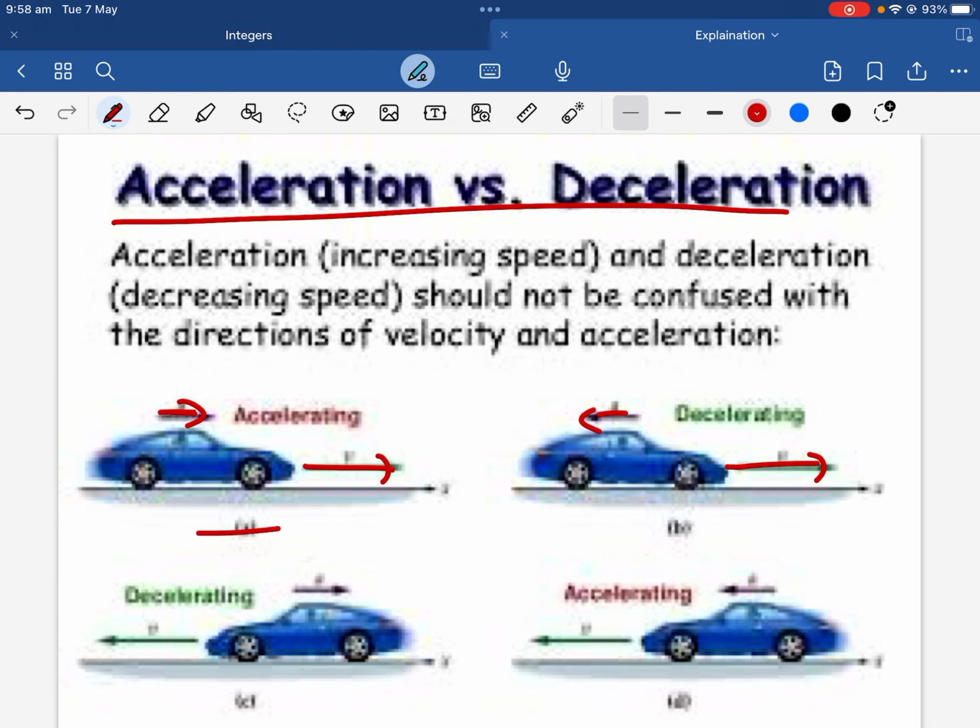Both are moving in the same direction, just the car is slowing down, slowing down its speed. It's the change of speed with time, change of velocity with time. Decelerating is just negative accelerating. Accelerating is upgrading the speed and decelerating is downgrading the speed. Same here.